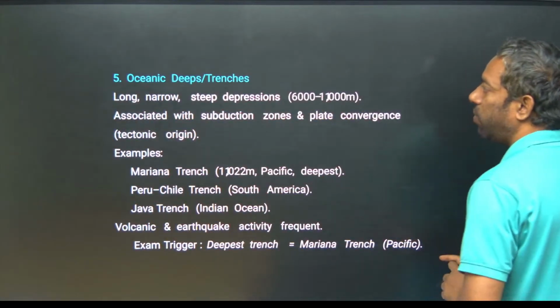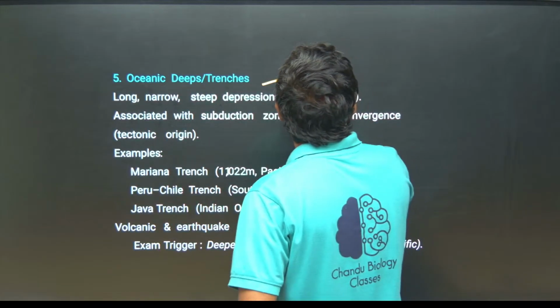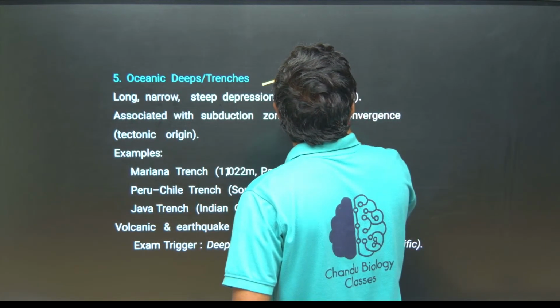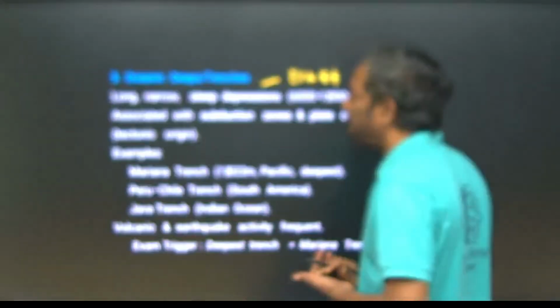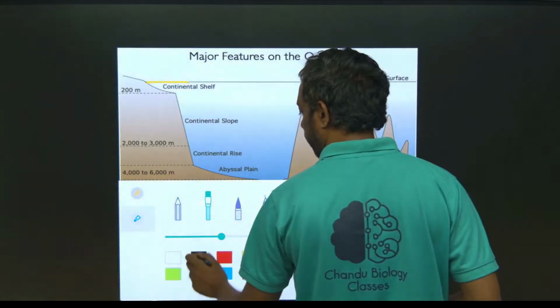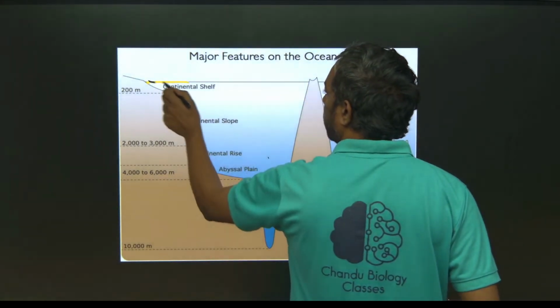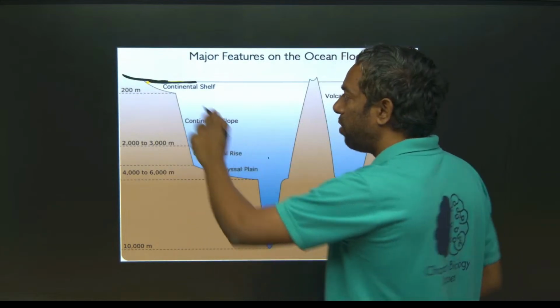Next, oceanic deep trenches, most important. Previously they did ask in the exam, guys. What are oceanic trenches? We are going to look at the oceanic trenches here. This is the continental shelf, where the land meets the water.